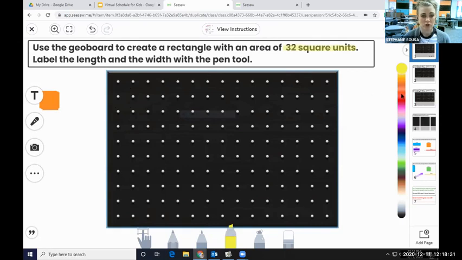Then it asks me to label the length and width with the pen tool. So I have 2 things to do. I have to create that rectangle, and I have to label the length and the width in order to be done.